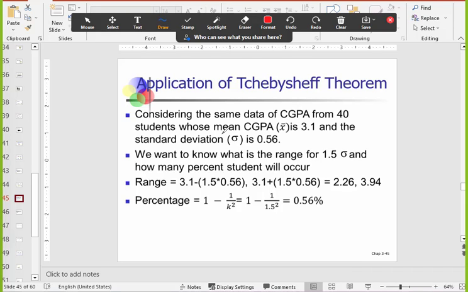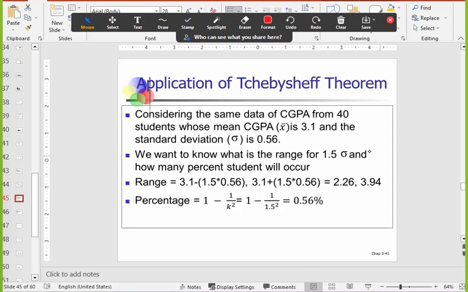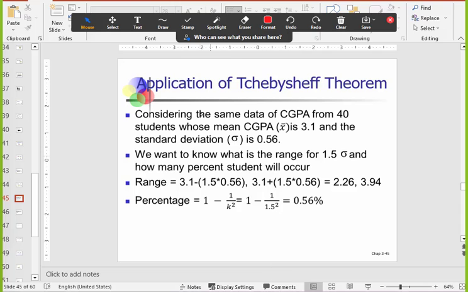And if you plan the statistics correctly and if your performance is good, you might end up getting favorable decisions out of them, because rather than giving them the data of 40 numbers, you gave them three things. First, their center. Second, their standard deviation. Third, a certain range in between which the majority of the students fall. Okay, so this is what will help you to get a decision out of them.